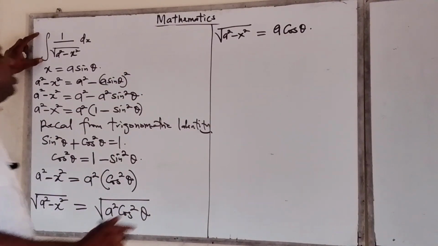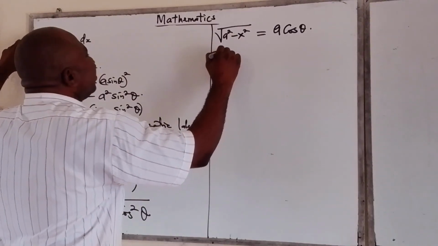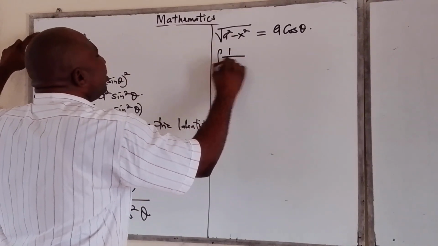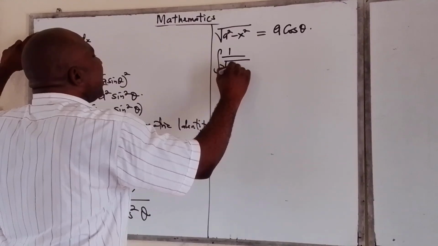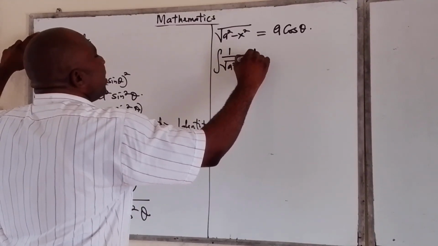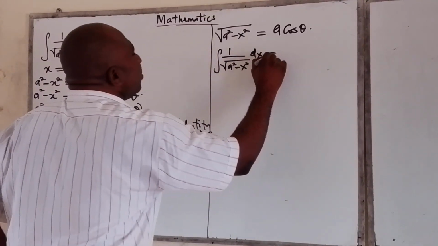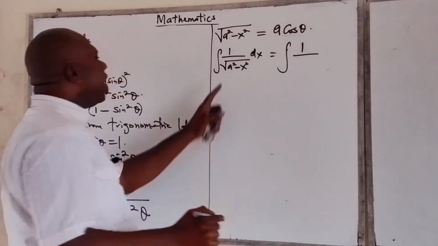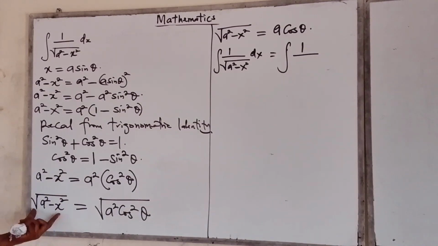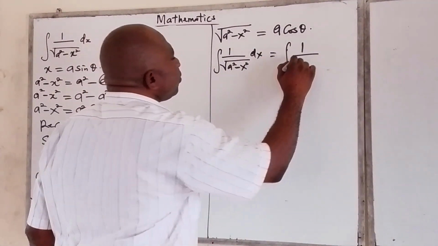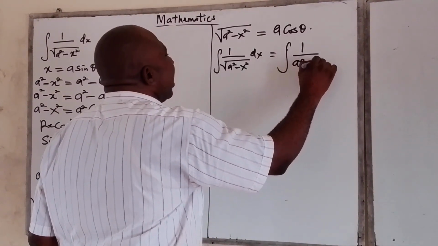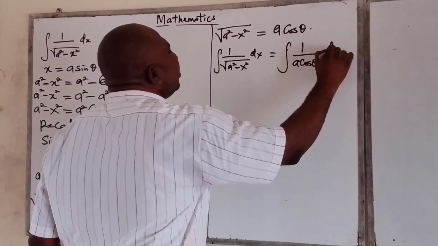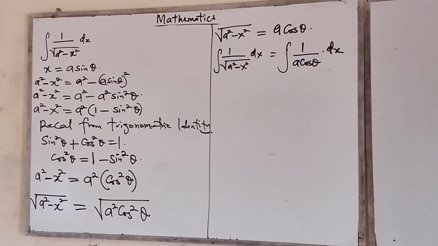Now coming back to the integral, we have the integral of 1 all over the square root of a squared minus x squared, dx. The square root of a squared minus x squared, we said, is a cos theta. Then here we have the dx.